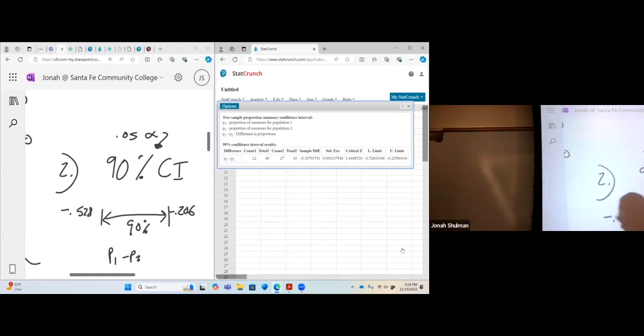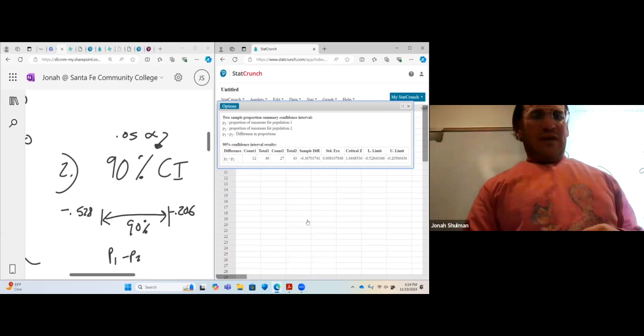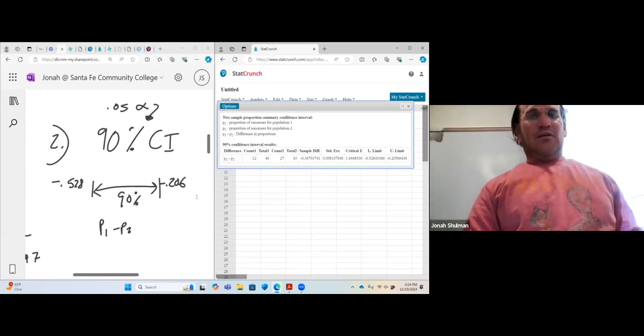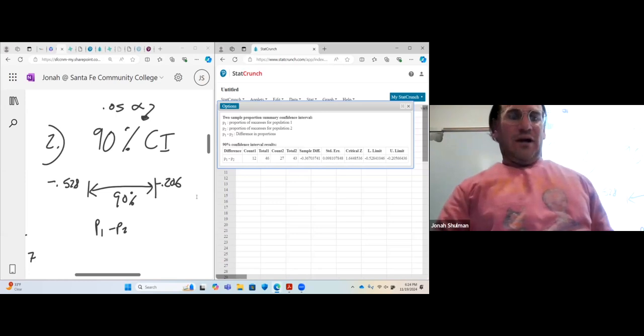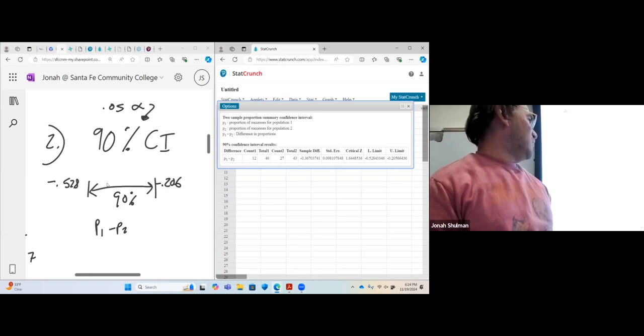But how does that give us the same answer? Anybody have any idea how that gives us the same answer that we got? So we have this answer, right? 90% confident that our scores are going to go between negative 0.52 and negative 0.20.